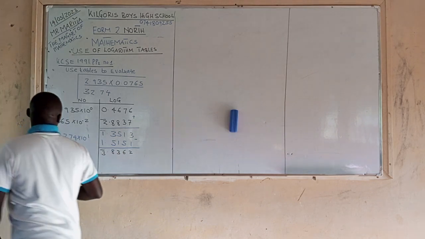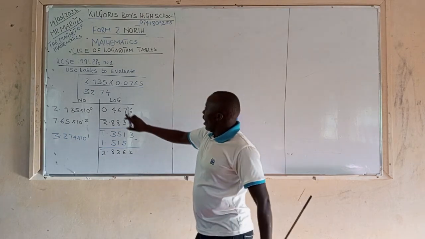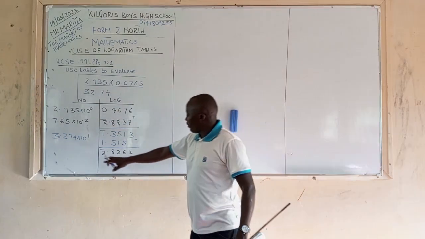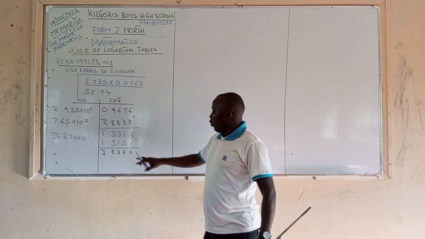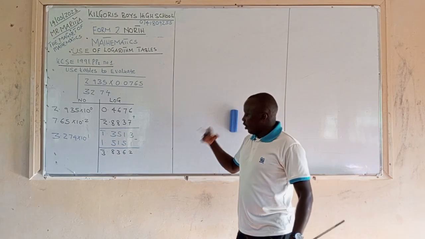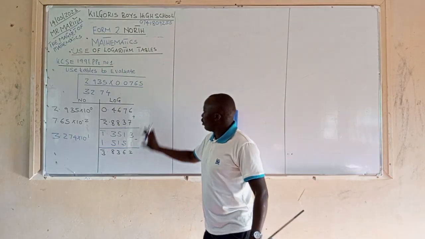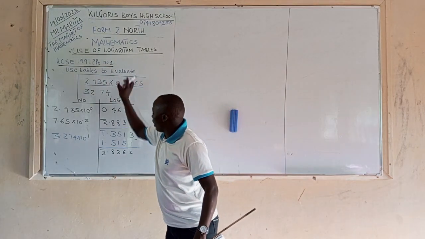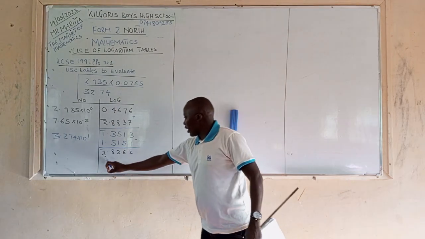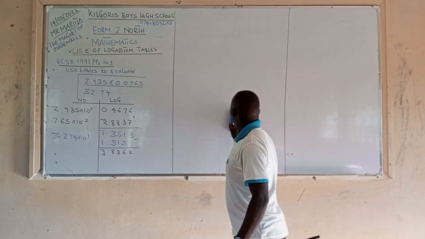Now this is not the end. Now we have this square root sign. It means that we are finding the root of a number. When finding the root of a number, we are supposed to divide the logarithm of that number by the root. So the logarithm of all these numbers we have is bar 3.8362. So we are supposed to divide this one by the root.